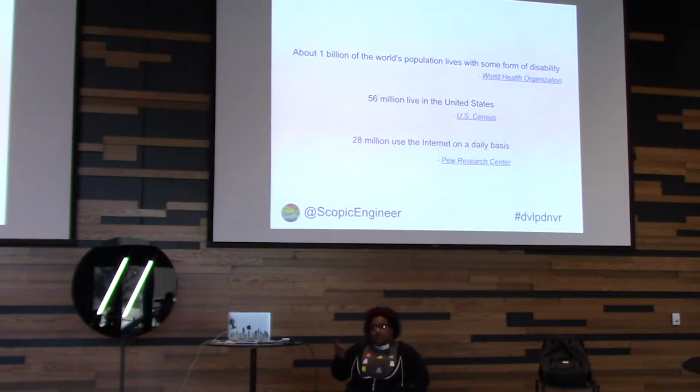And according to the last census, 56 million live in the United States. That's a pretty significant number. And on a consistent daily basis, 28 million of those people use the internet. That is a significant portion.